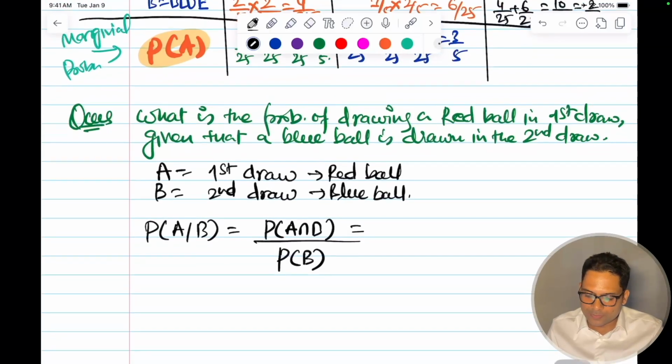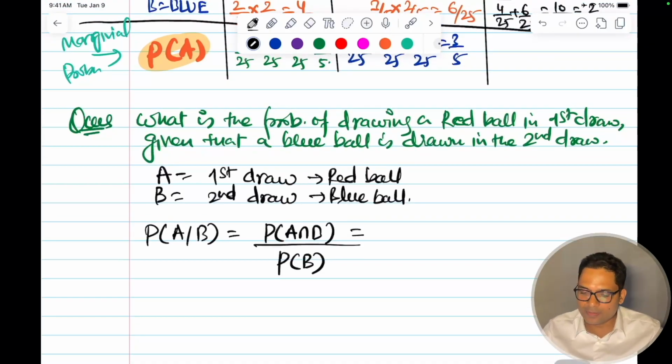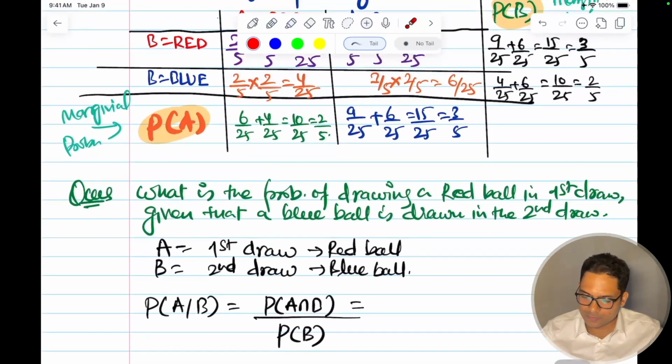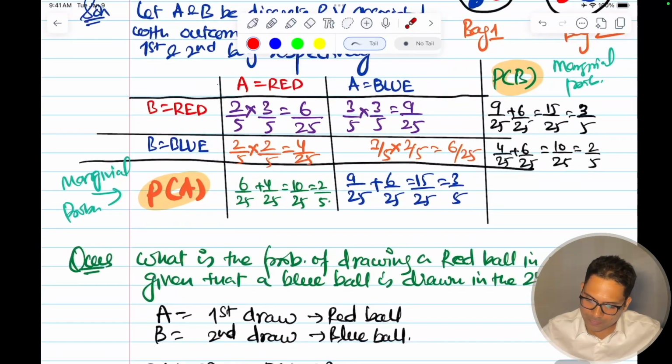So let's find it out. Okay, what is the probability of A and B? What is A and B? So what is the probability of drawing a red ball, the joint probability, in the first draw and a blue ball in the second draw?